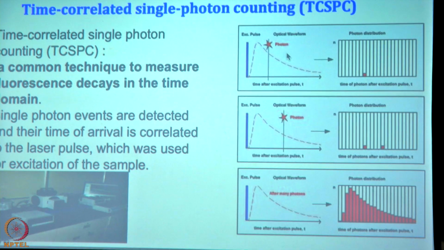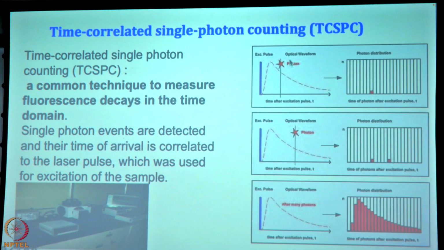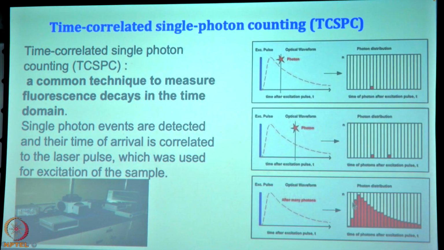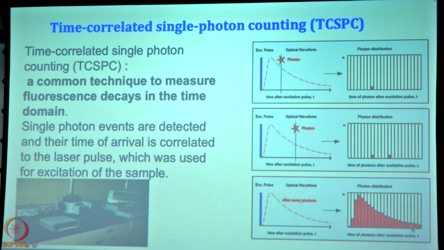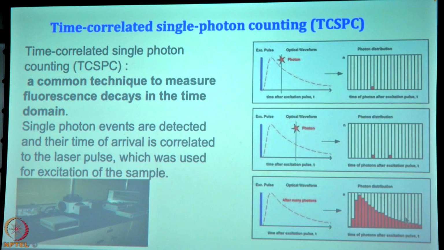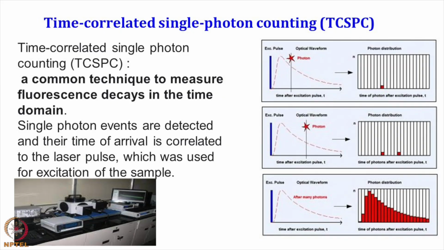So here is the excitation pulse, the optical waveform, and you count the photons as time goes, and finally, if you remember this kind of curve I was getting here, it is a simple one, but this is doing each photon counting. So single photon events are detected and their time of arrival is correlated with the laser pulse that was used for excitation of the sample.